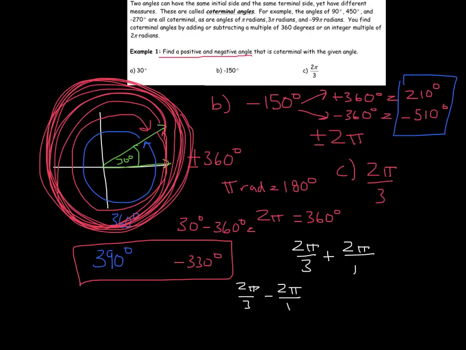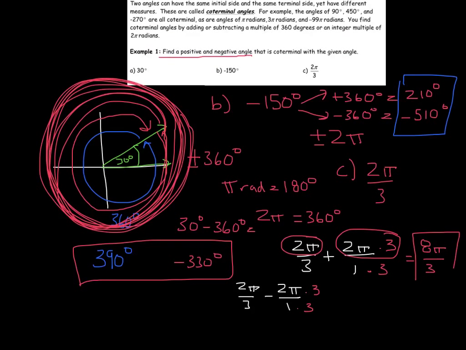So that means we need to multiply by 3. We'll do the same thing here. Multiply by 3. So what is that going to give us? That's going to give us 2 pi plus 6 pi, which ends up being 8 pi over a common denominator of 3.